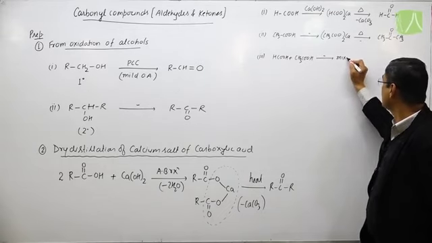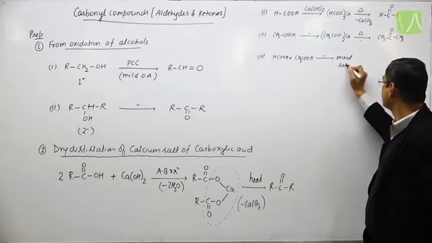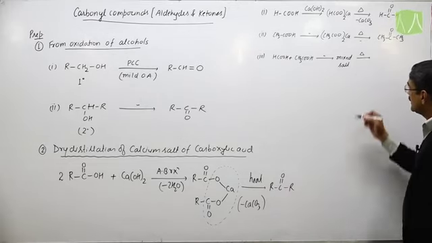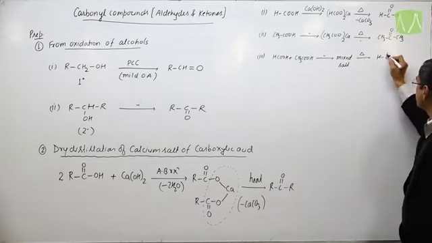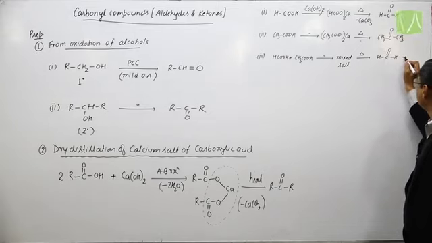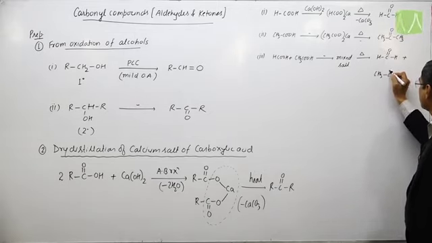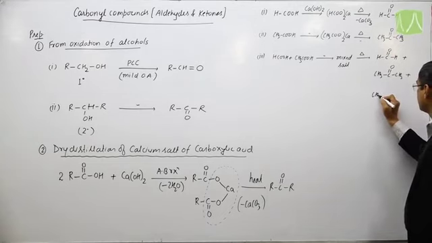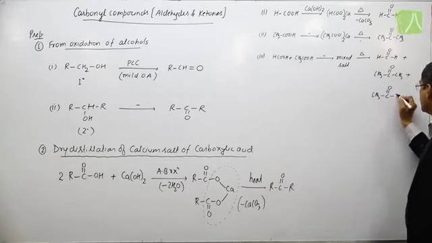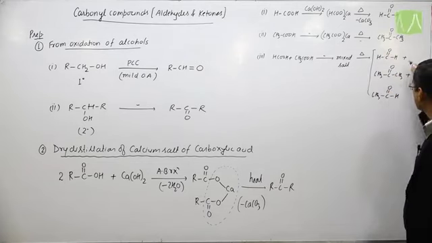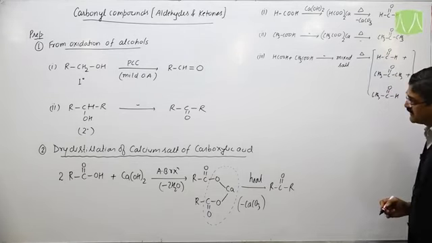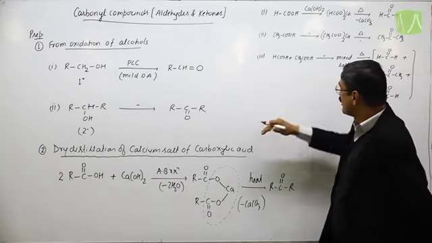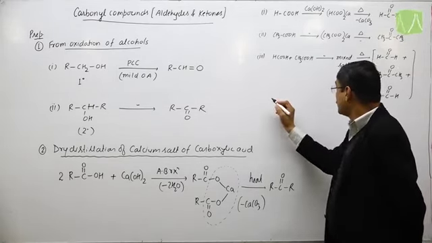So on heating, a total of 3 products are obtained. The first is formaldehyde, the second is acetone, and the third is acetaldehyde.